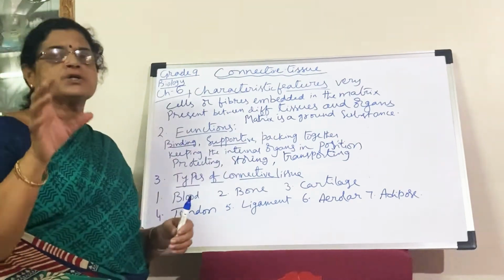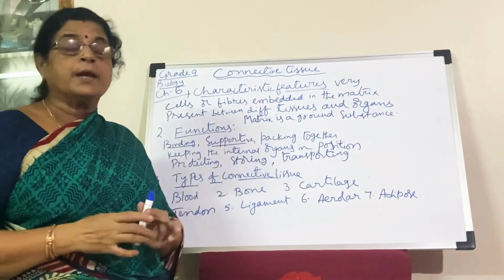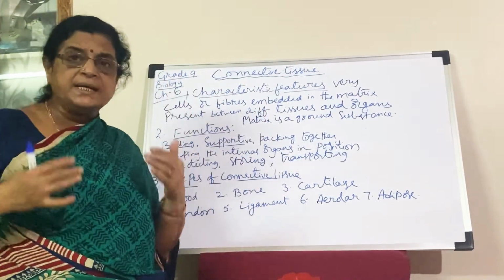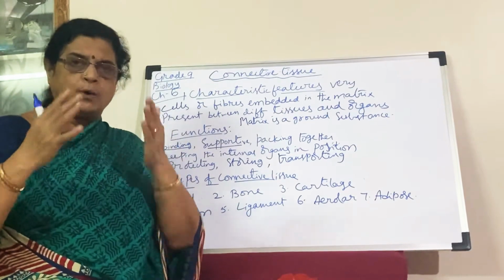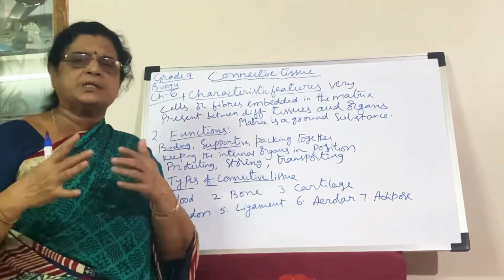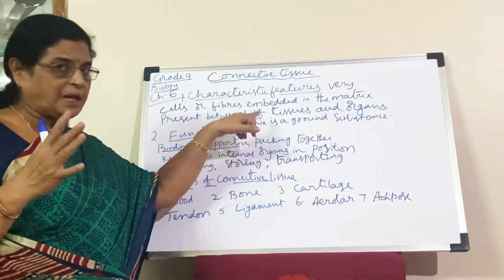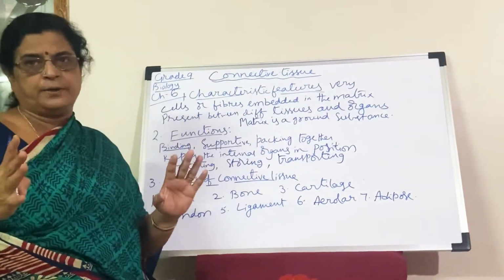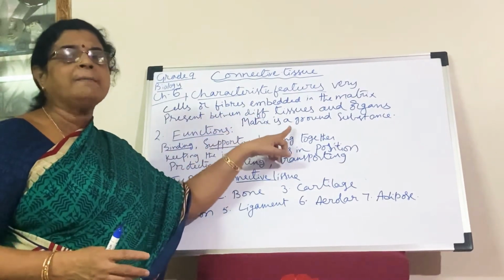So what are the functions? Connective tissue is an essential tissue in the body. It is very important, present inside the body in different areas, around the organs and between the bones. Depending upon the connective tissue type, the matrix is different. It has a cellular part, fibrous part and matrix.